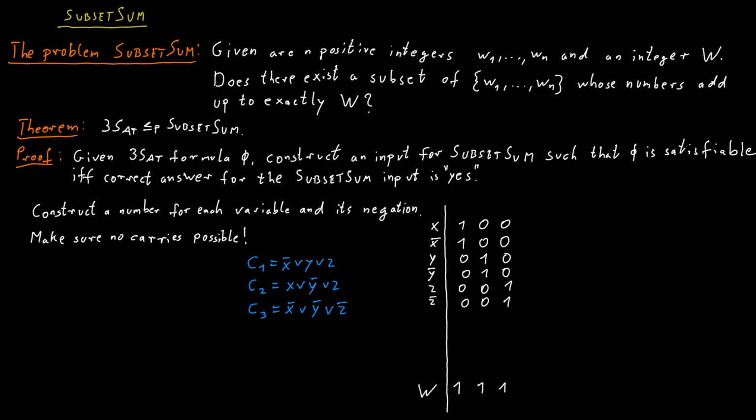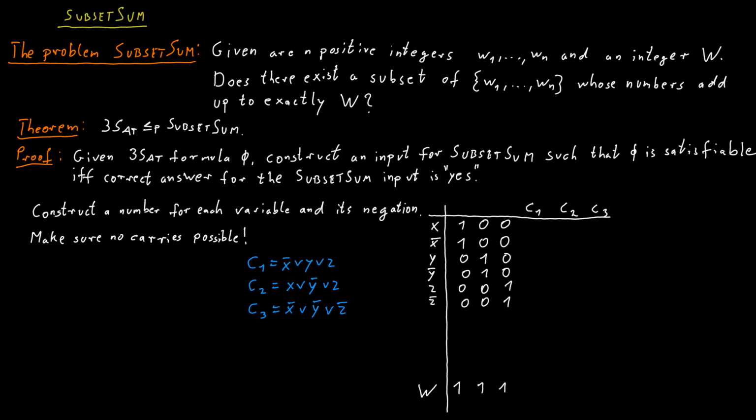We need to further extend the numbers and include additional digits here. And in particular, we include an extra digit for each clause. So we have 3 additional digits for each number, and we set that digit to 0 if the corresponding literal does not occur in the corresponding clause.